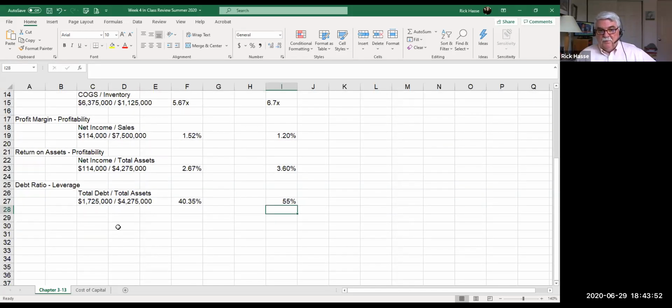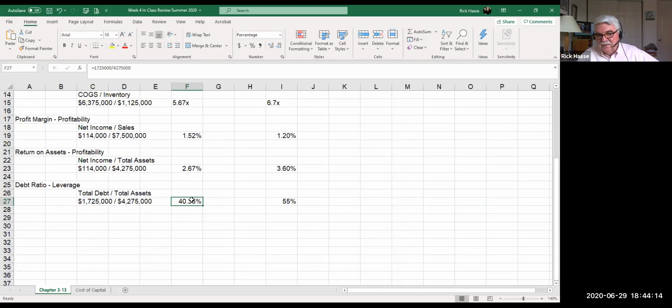Now here's a question I pose to all of you. You don't have to answer this, but you probably do it in your head very quickly. If my debt position is 40.35% of assets, what must be my equity percentage position? 59.65%.